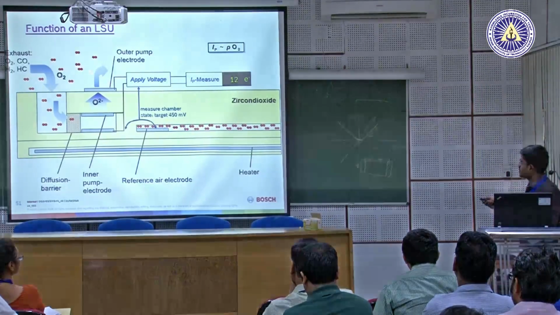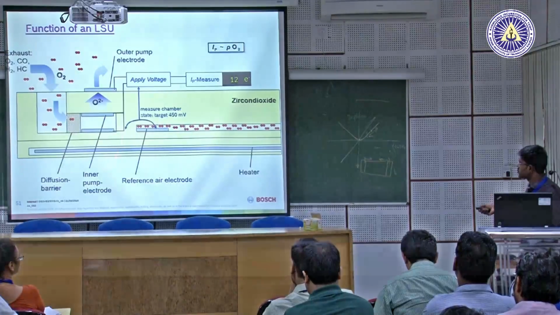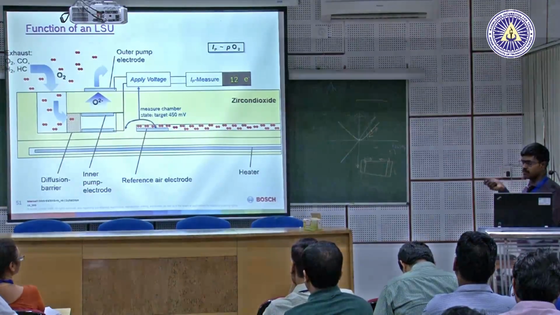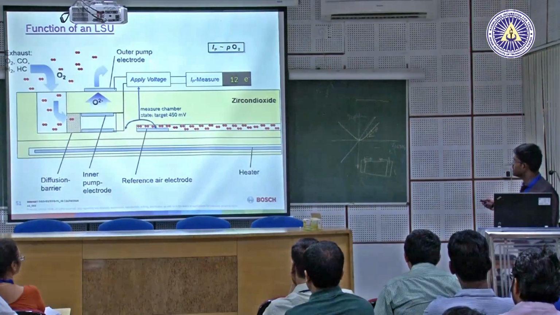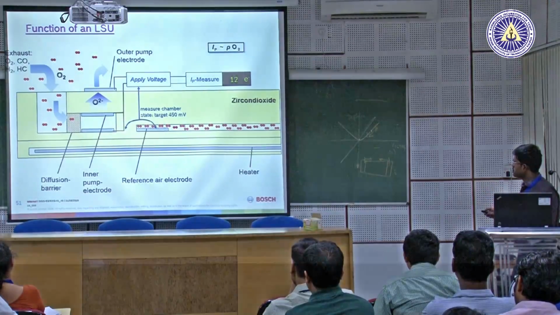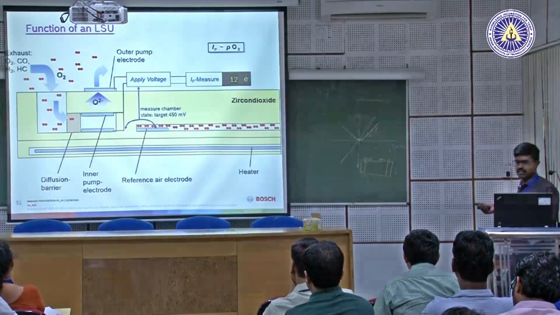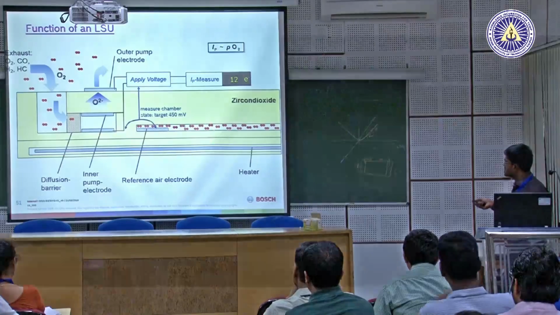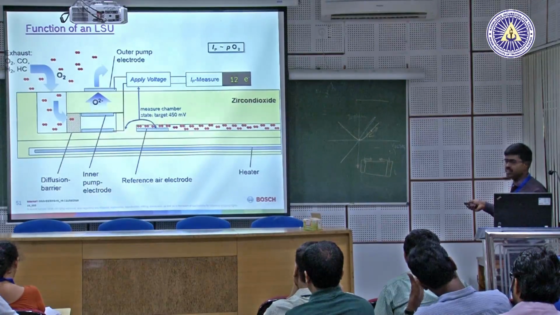Until this point, the same switching type is valid, meaning a single chamber sensing element is what we use there. Here we use a dual chamber sensor, where due to so much research it is known that lambda equal to 1 is achieved at 450 millivolts.